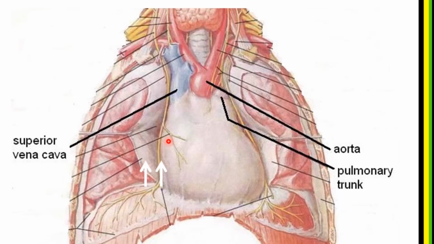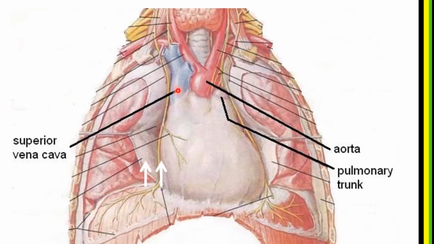Now superiorly, we can see this layer being pierced by some of the great vessels, beginning from the aorta. So this is part of the ascending aorta. The next one we'll look at is the pulmonary trunk, and here is part of the pulmonary trunk. Then we'll also see the superior vena cava, and here is the superior vena cava.